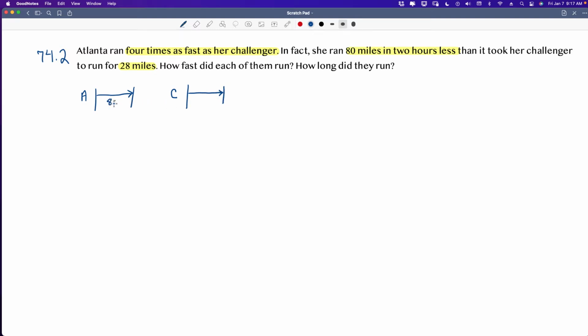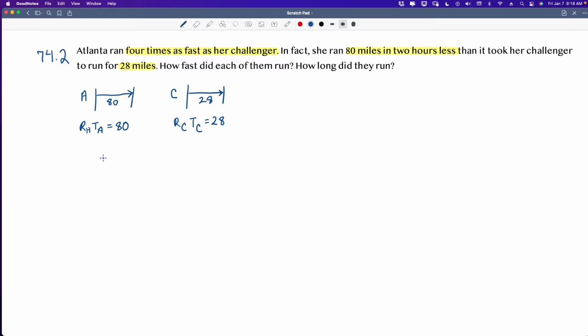So we have our first 2 equations: RA times TA equals 80 and RC times TC equals 28.